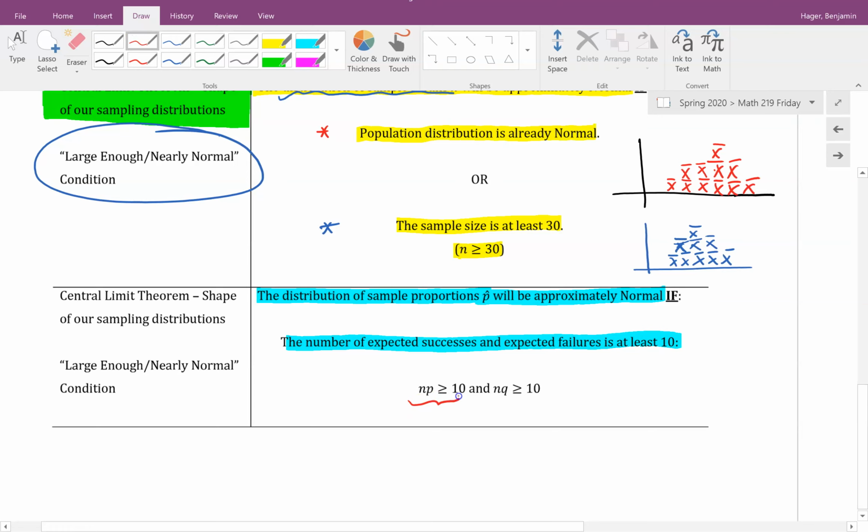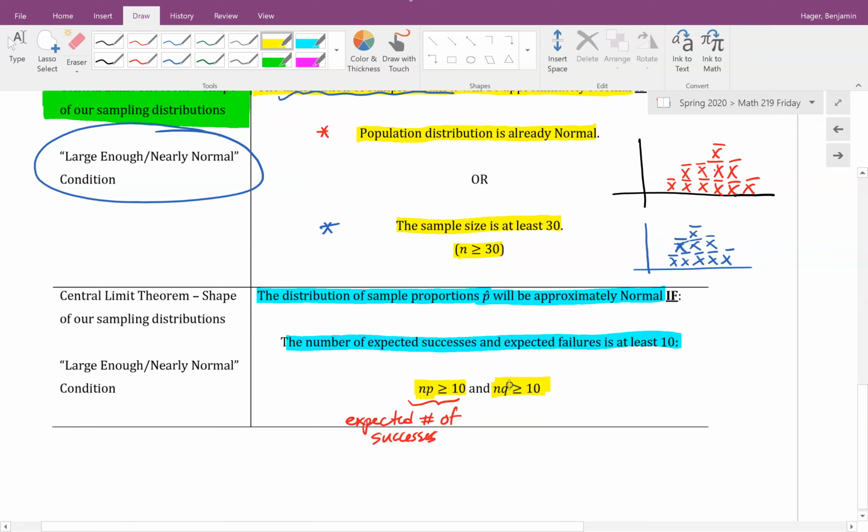So this would be the expected number of successes, n times p, the sample size times the proportion that are considered a success, or Democrat, or whatever it is you're classifying as a success. That has to come out to at least 10.